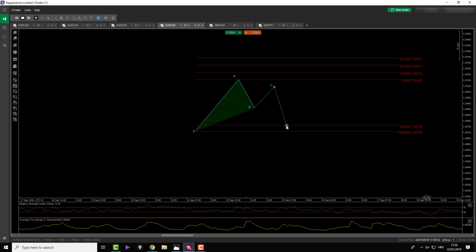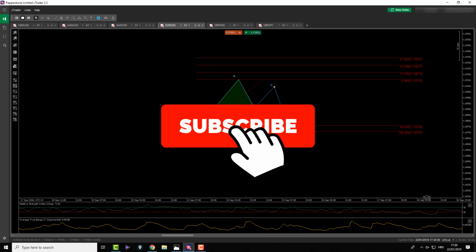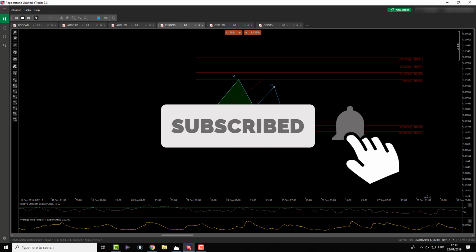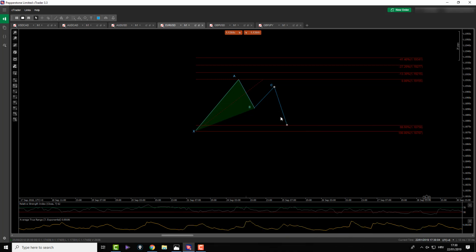Okay, so there is no more violation. Even if the price moves down here, the pattern is still valid because it triggered. You should already be triggered in if you're trading with pending orders. Okay, so the D completion, the price point where you should enter the trade, is at 88.6 Fibonacci retracement from X to A. So let's draw this triangle.